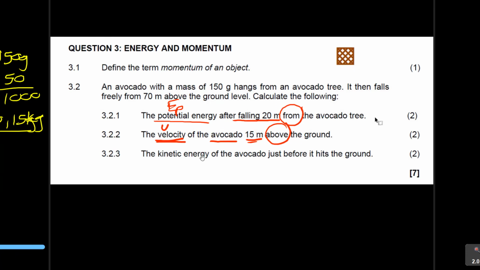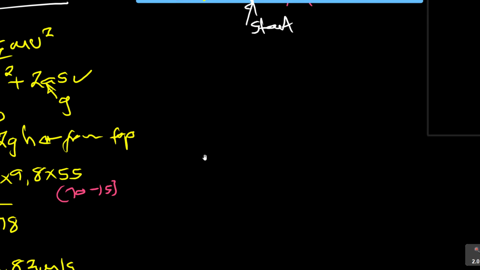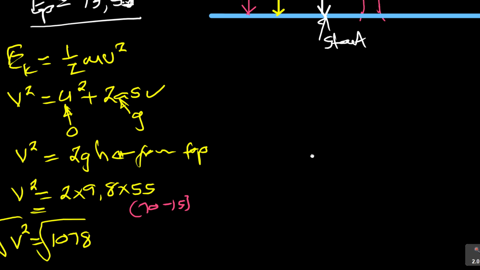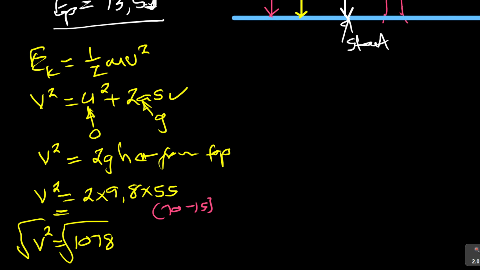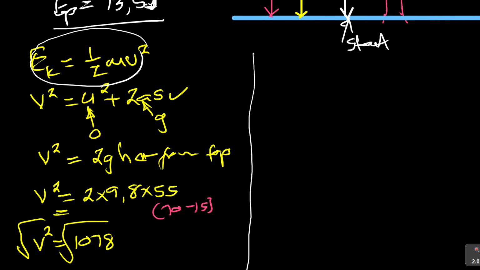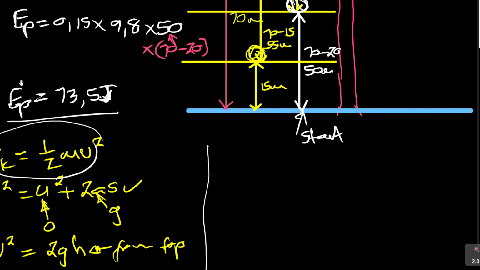All right, then the next question, the kinetic energy of the avocado just before it hits the ground. Now kinetic energy, what are they looking at? There is our EK, that is the formula. But just before it hits the ground, you are looking at it at the bottom. Guess what? Potential energy is now 0.